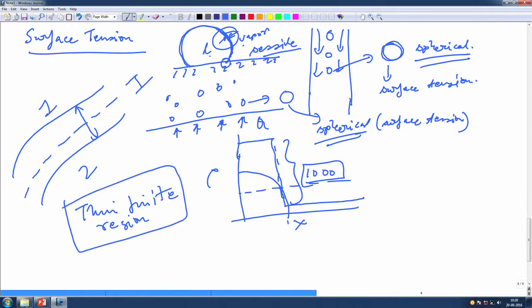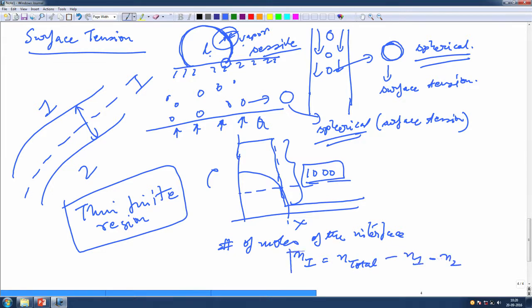So, the analysis that we are going to do over here is very similar to the analysis that we did just a moment ago. If you consider a situation like this, the number of moles of the interface basically is Ni, which is N total minus N1 minus N2.